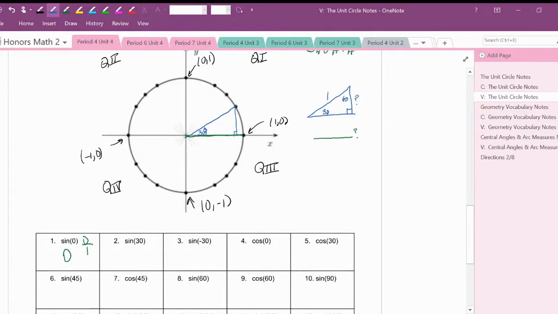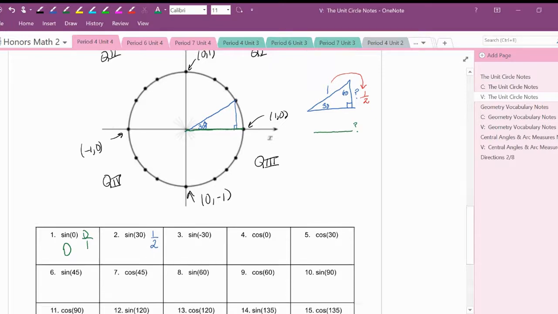And we know how to get that shorty from the hypotenuse. We have to divide it by 2. So the sine of 30 degrees is 1/2.